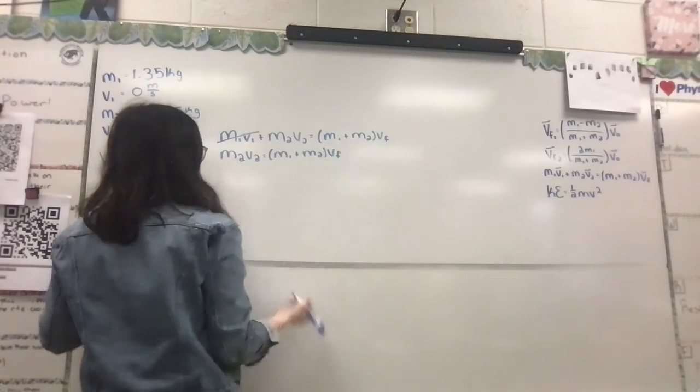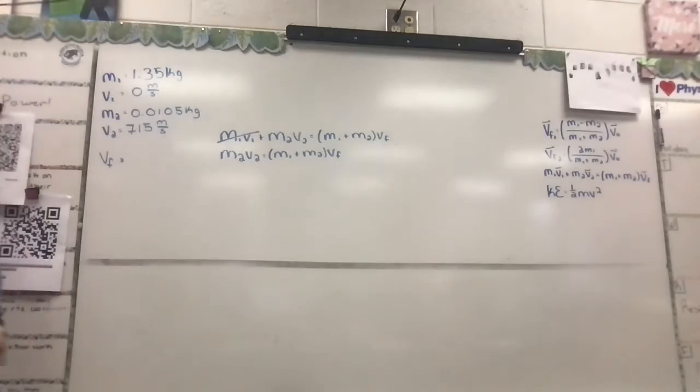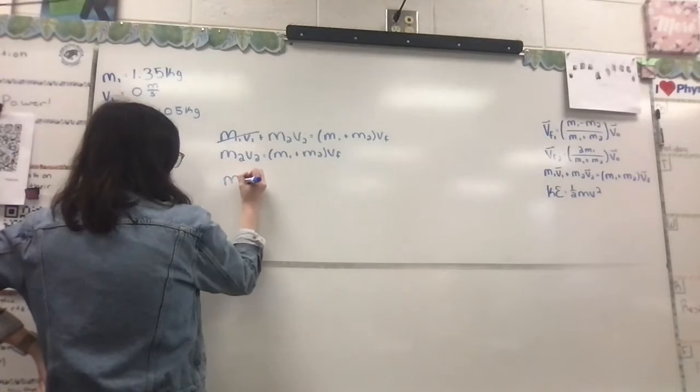And what are we trying to find? VF. So what do we do to get that VF completely alone? Divide by M1 plus M2. Yes, we're going to divide by the M1 plus M2.